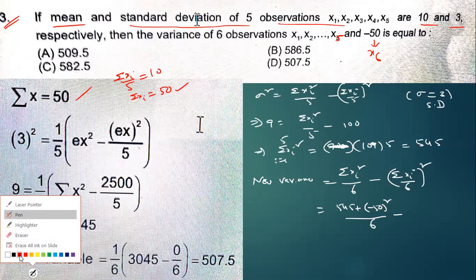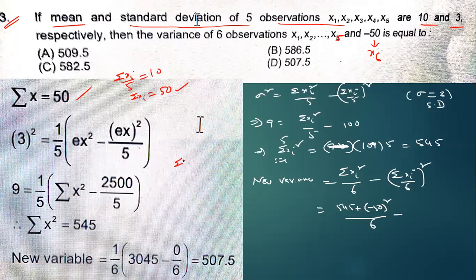Sigma xi by 6 is equal to sigma xi, with i running from 1 to 5, plus x6, by 6. Sigma x is 50, minus 50 by 6, so the average is 0, and 0 square is coming.